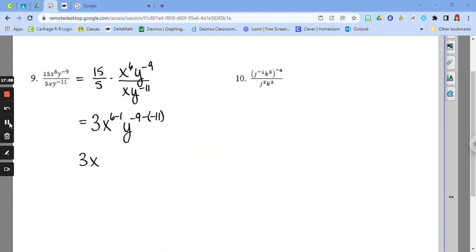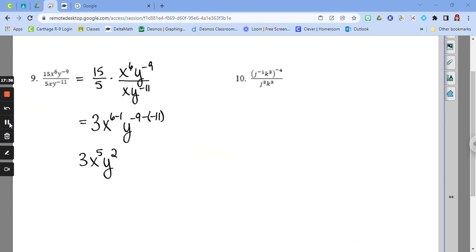So negative 9 minus a negative 11 is what? And voila, no more negative. It took care of itself. I just used the rule, subtracted the exponents, and that's where I ended up. Okay.